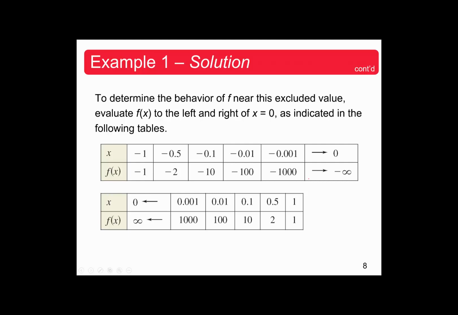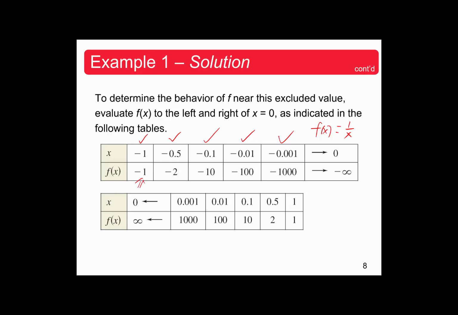Okay, and to determine the behavior of f of x near these excluded values, just pick some values from the left-hand side of 0. Let's say picking negative 1, negative 0.5, negative 0.1, negative 0.01, negative 0.001, and plug into the function f of x equals 1 over x. If you replace x with negative 1, f of negative 1 becomes negative 1.